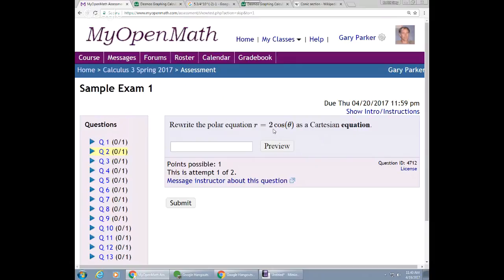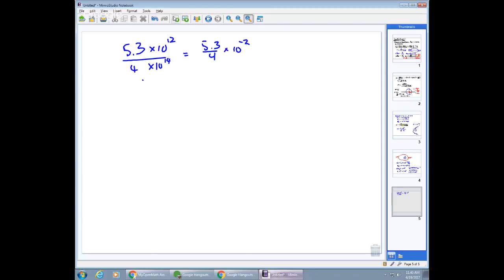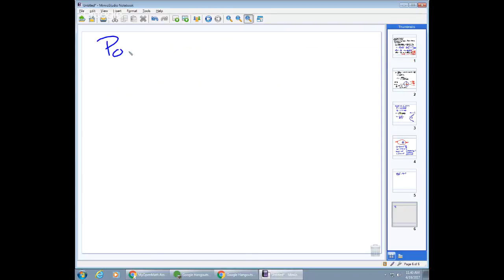So the radius would be 1 for this guy right here. And if you graphed it in polar, you'd see that. And then we can convert to Cartesian. So let's just take a quick look at that one. And I'll also be pretty clear on the test. This is the polar section, do polar stuff. This is the parametric section, do parametric stuff. So you gotta do some mind shifts during the test.